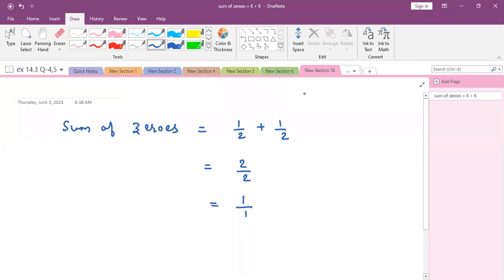Now what was your question? The question was 4s square minus 4s plus 1. Now whenever we are calculating the sum of zeros, that should be equal to minus the coefficient of the middle term, coefficient of s upon coefficient of s square. So what is the coefficient of s here?